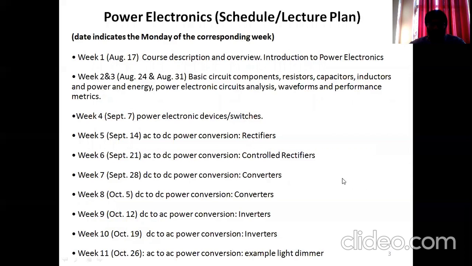And about the schedule of this course, or the lecture plan of this course. We'll be covering the complete syllabus of this course on power electronics, and every week we'll be covering some part of it, starting from an introduction to power electronics.